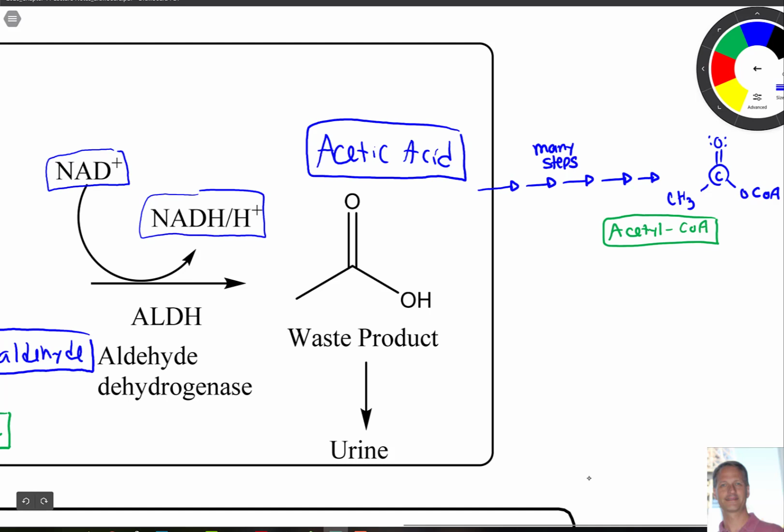The fate of this depends upon your metabolic needs. If we need energy, then it goes into the citric acid cycle or the tricarboxylic acid cycle.